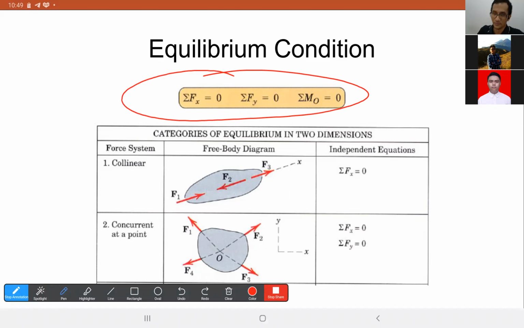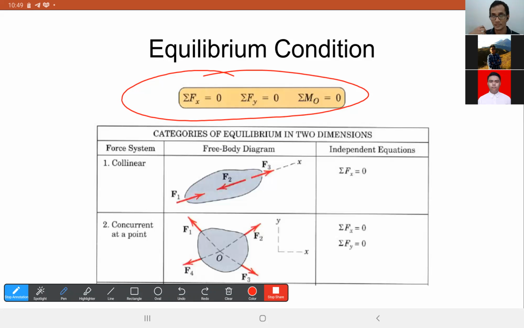So the total forces and the total moment acting on a body is equal to zero. What's the effect of that? What will happen because of that? The first thing is, if you have a body which from the beginning stays still, not moving at all, it will keep staying still.